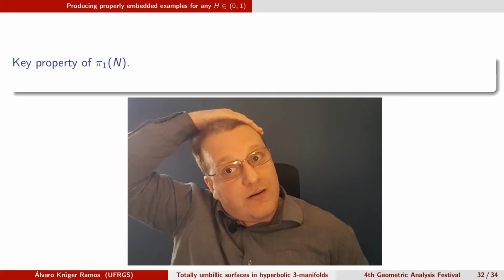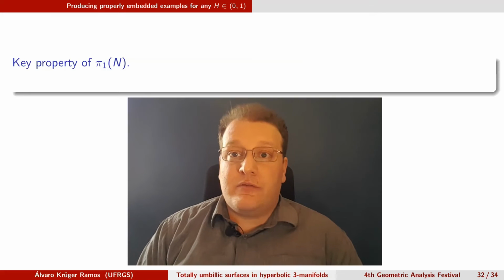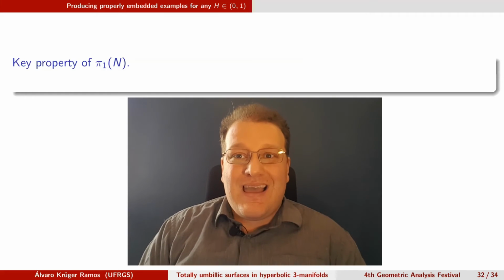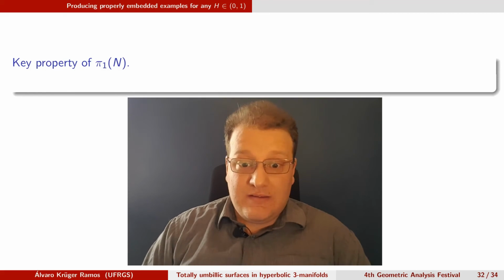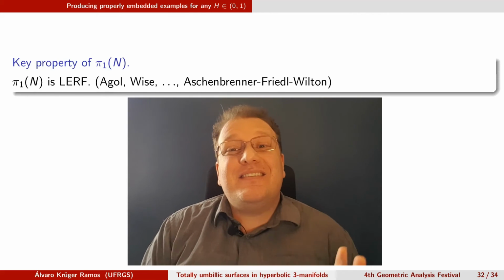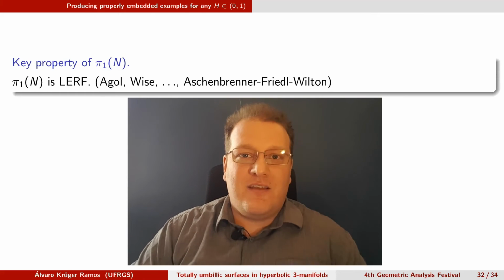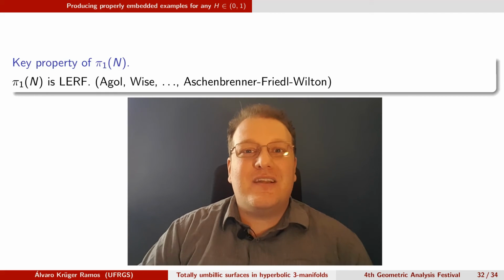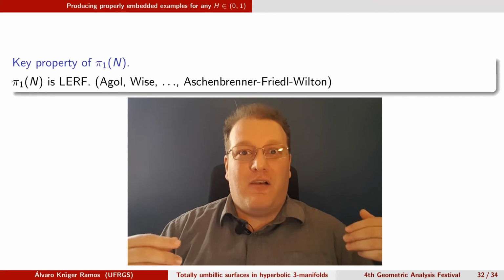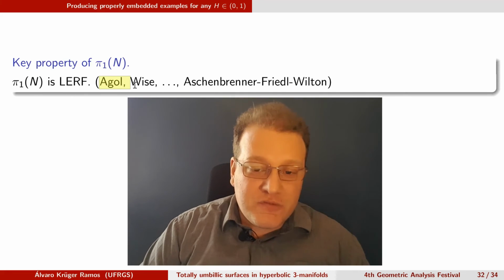I had a lot of fun learning this, because the fundamental group of hyperbolic trimanifolds of finite volume has a key property which was proven recently, that it is LERF. I just love saying LERF. LERF sounds like something interesting, right? LERF. And this was proven by the work of several people.